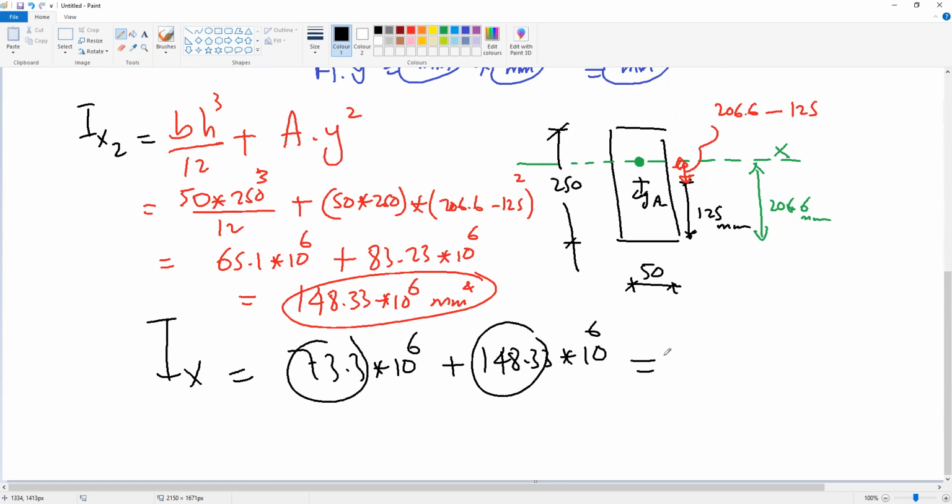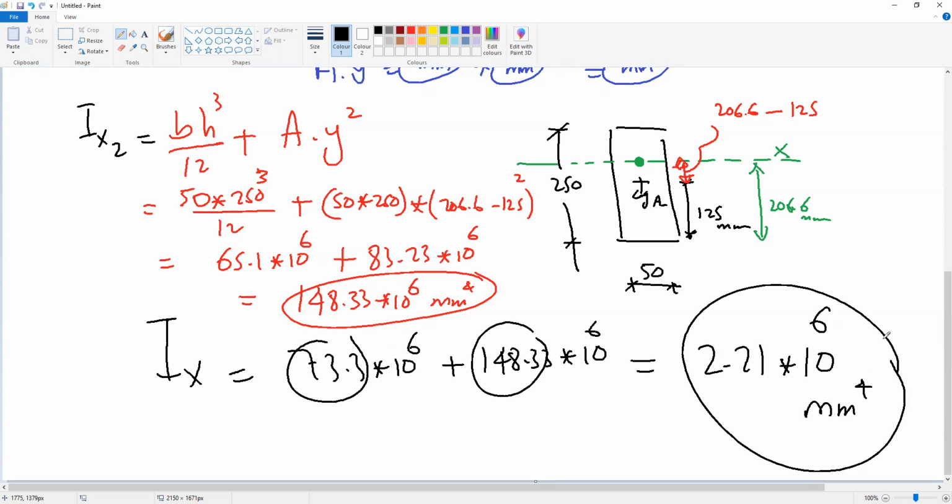Okay, these two values together give us the final value of the inertia, 221 times 10 to the power 6 millimeter to the power 4. And this is the inertia. Okay, do you have any problem with this one? Okay, no problem with this one.